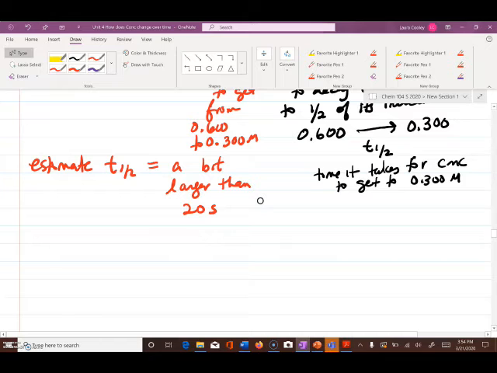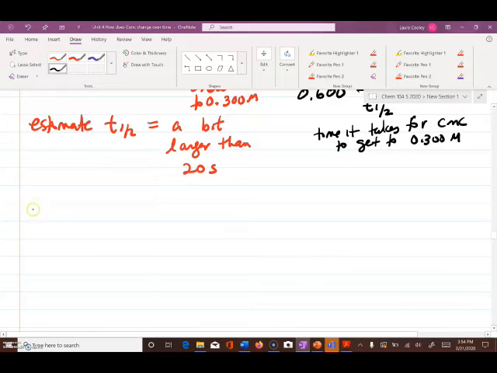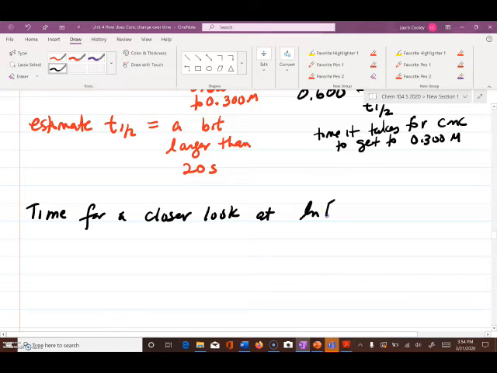All right, so now I'm going to skip a little bit. I'm going to talk about some other stuff related to this, and then I'll come back to what the half-life actually is. So what I'm going to do is take a closer look. So it's time for a closer look at this equation, the equation that we've been working on for a while.